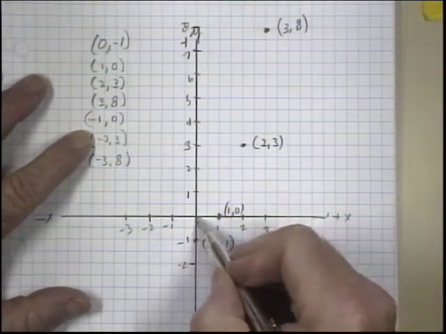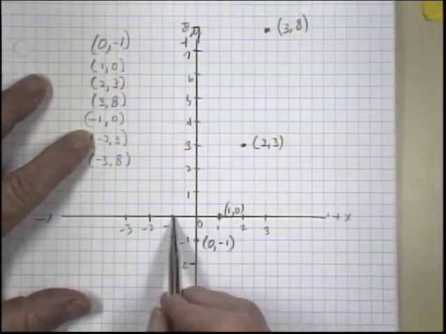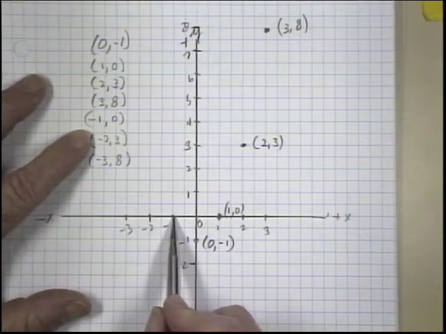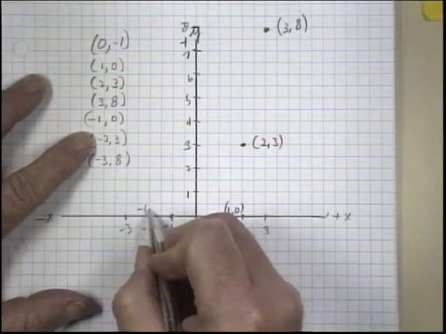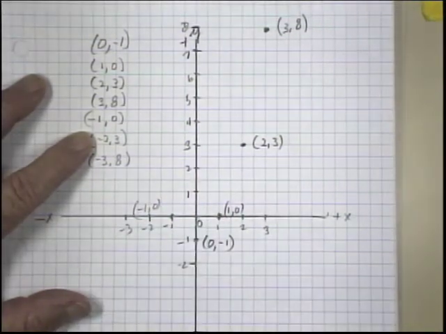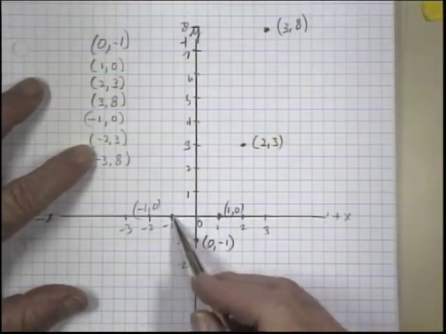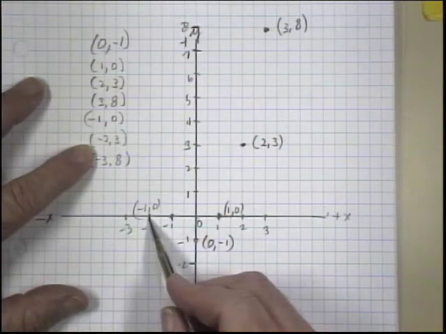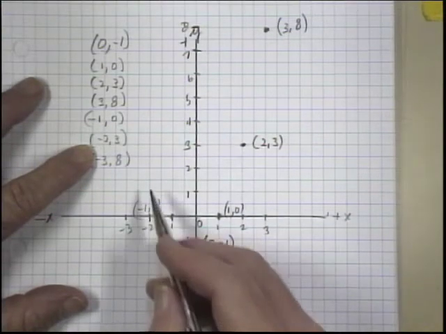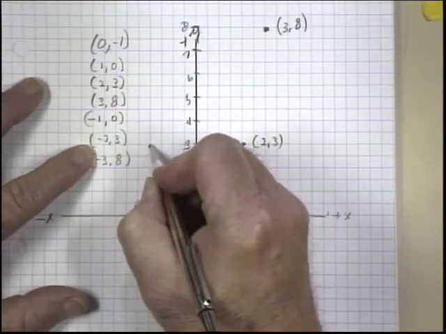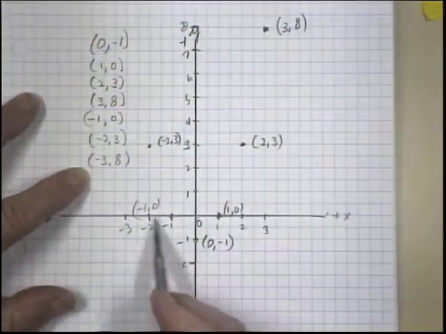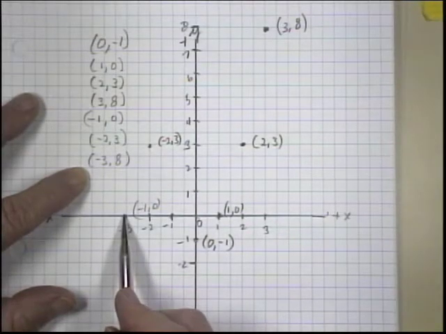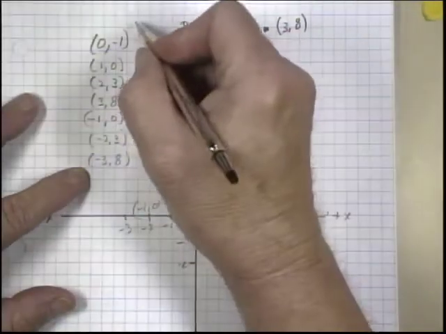Now, we'll plot the last three. We have x equals minus 1. We're on the x-axis, in a negative 1 position. And y equals 0, so that's right here, minus 1 and 0. And then we have x equals minus 2, and y equals a positive 3 would be up here, minus 2 and 3, and a minus 3 on the x is over here, and a positive 8 is up here.